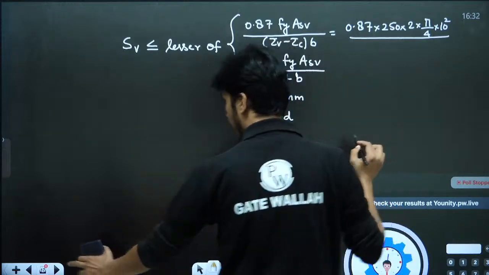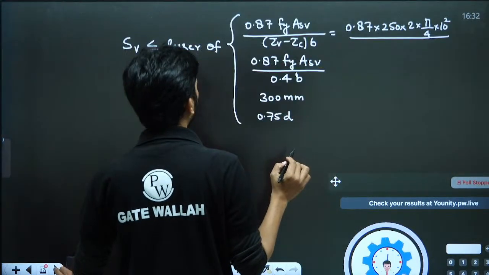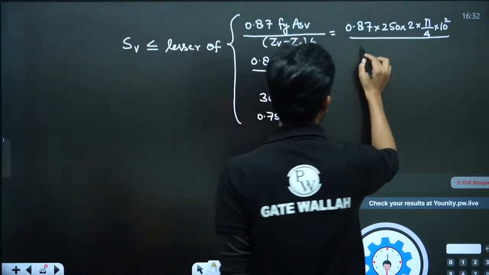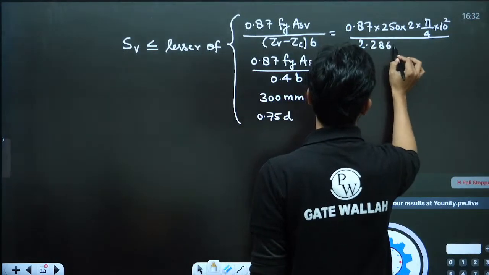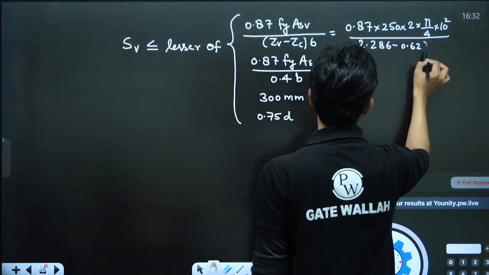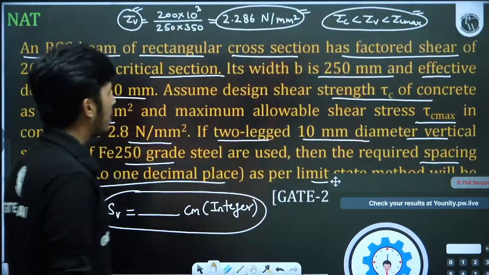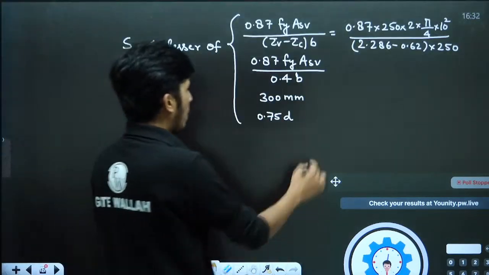Tau v is 2.286 and tau c is 0.62, so 2.286 minus 0.62, into b. What is b? I think it is 250. Yes. This formula we will not use.